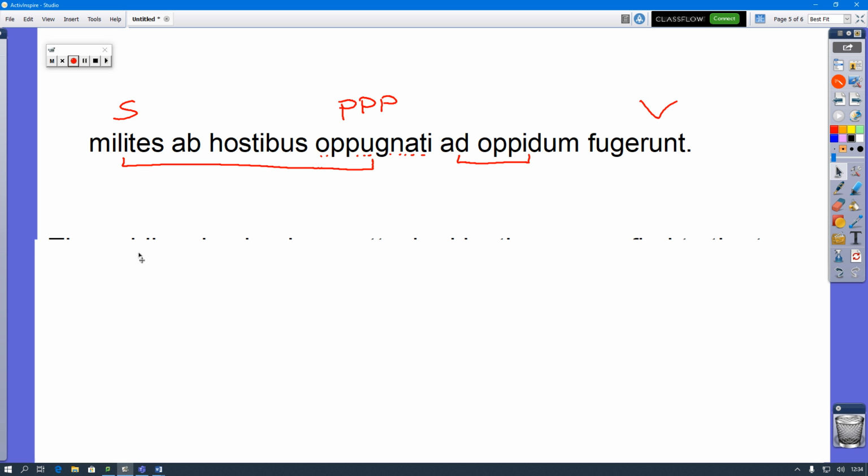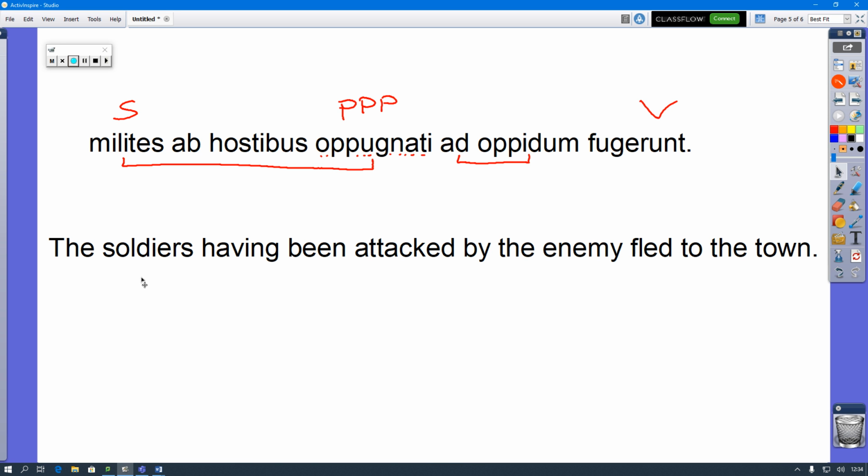Let's have a look then. The soldiers, having been attacked by the enemy, fled to the town. So, just as we had before, I have my subject and the participle all together with having been in the middle of it. It's not terribly good English, so let's see if we can improve it.